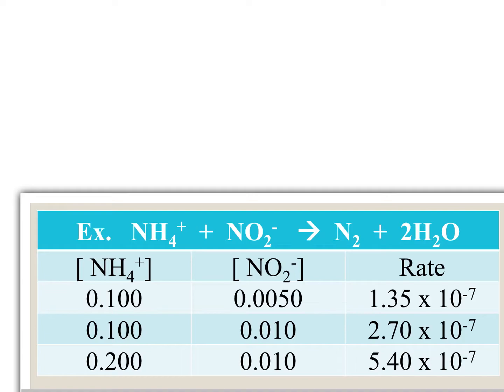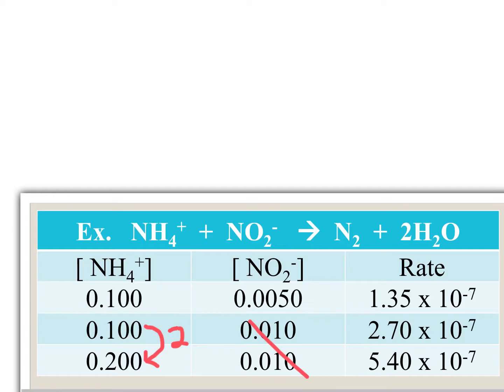So for the next one, your first step is to look for where something's being held constant. If I want to look for NH4, I want to see what the order of NH4 is, I need to look for a time when NO2 is held constant. NO2 is held constant from trial 2 to trial 3. And here I multiplied my concentration of NH4 by 2.